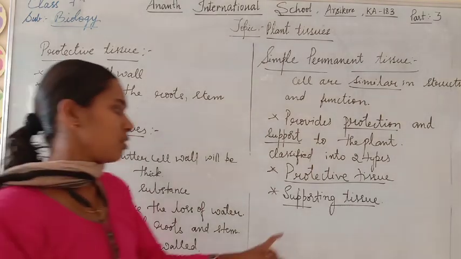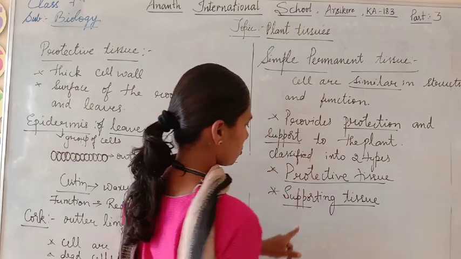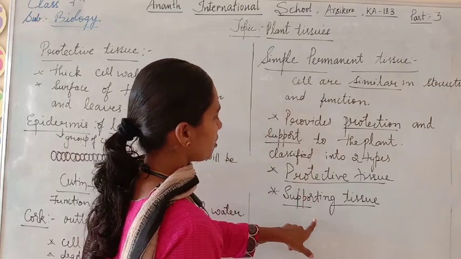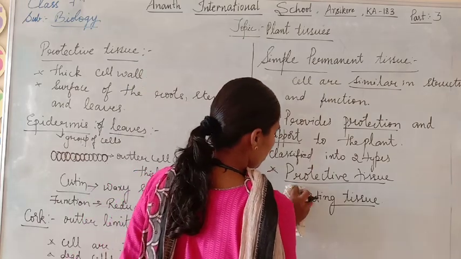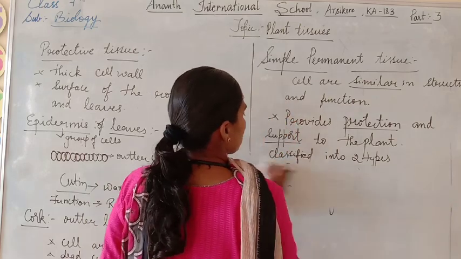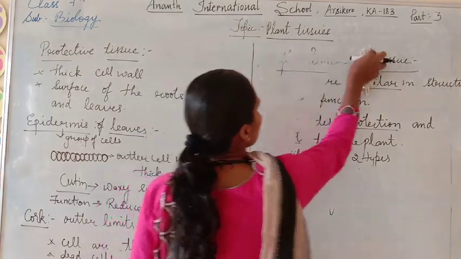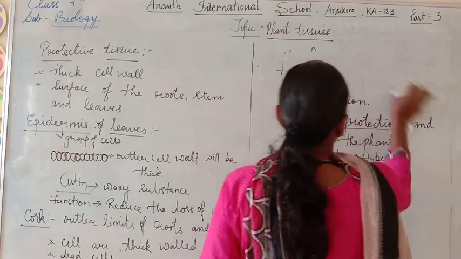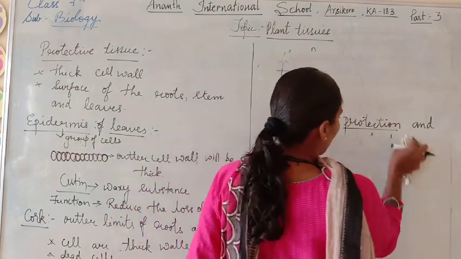Now we shall discuss the second type of simple permanent tissue, that is supporting tissue.